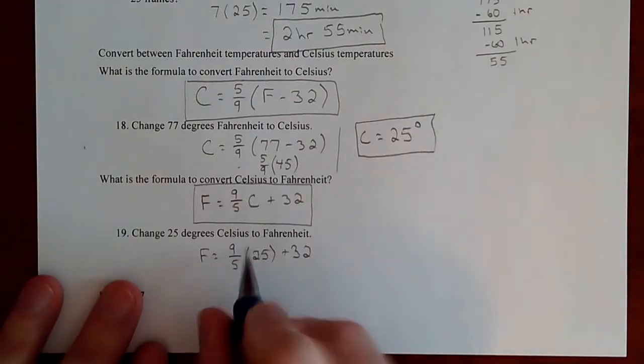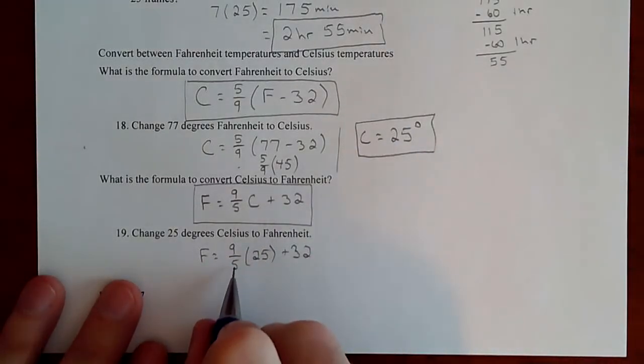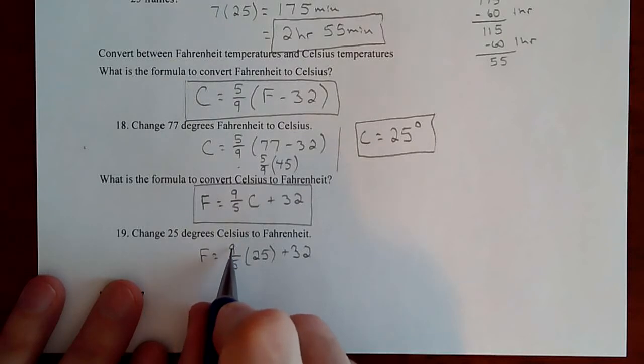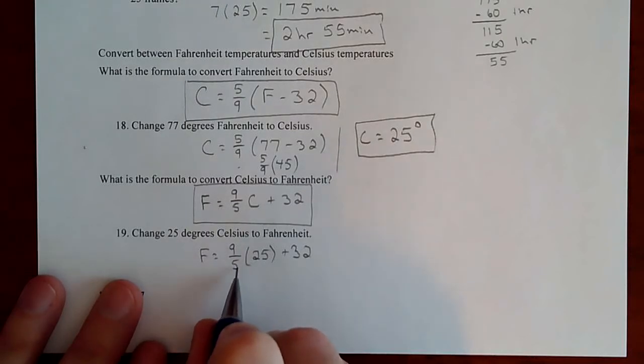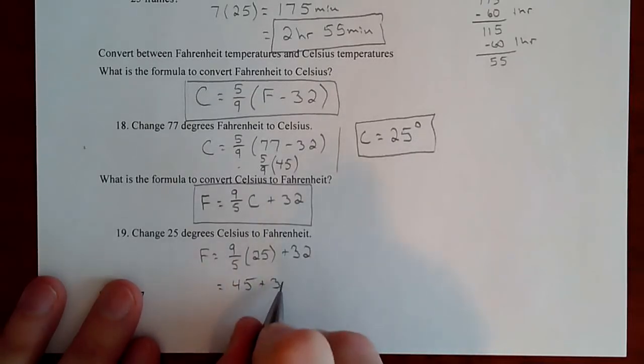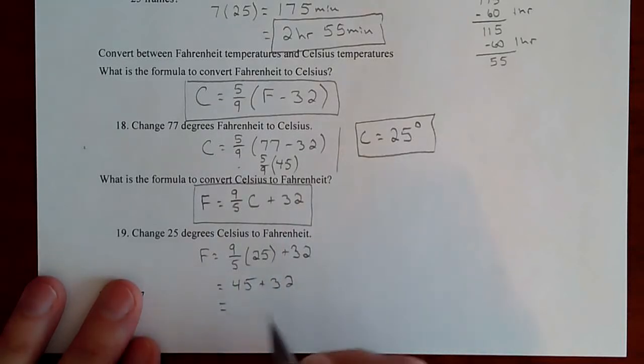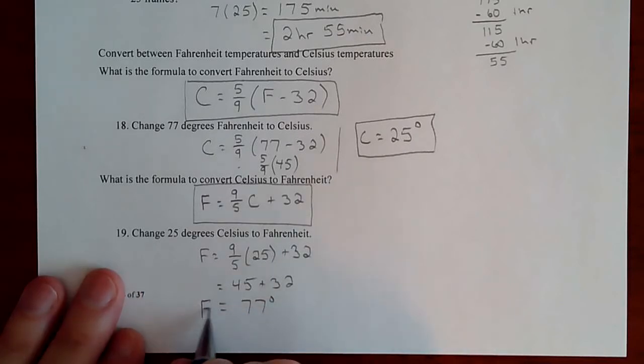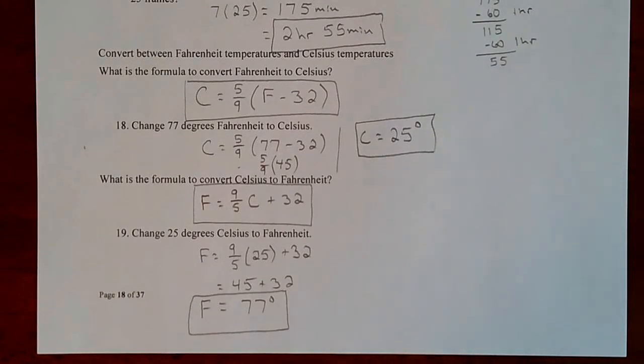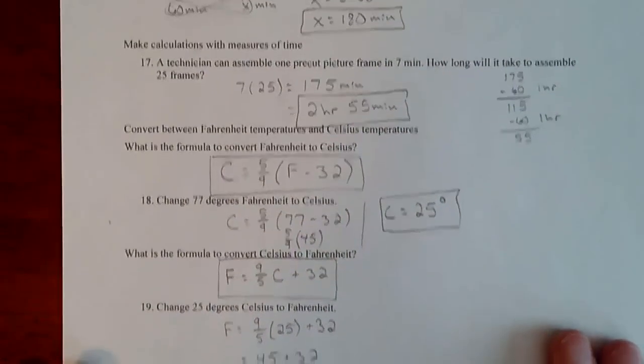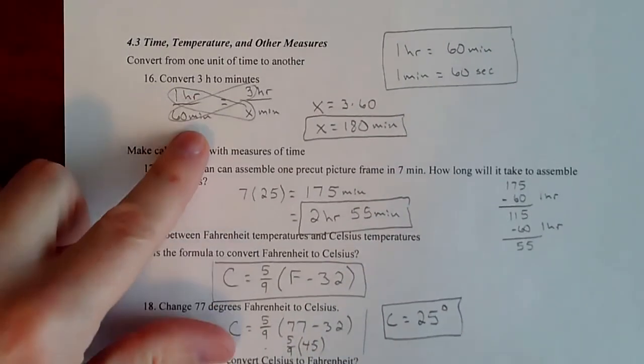So I'm going to take 25 and divide it by 5, which is 5, and then multiply it by the 9. 25 divided by 5 is 5, times 9 is 45. Then we add 32 to it, and we get a measurement of 77 degrees. So our Fahrenheit measurement is 77 degrees, and I have a way better feel for how warm 25 degrees Celsius is. All right, so that was doing some problems in temperature and a little bit related to time.